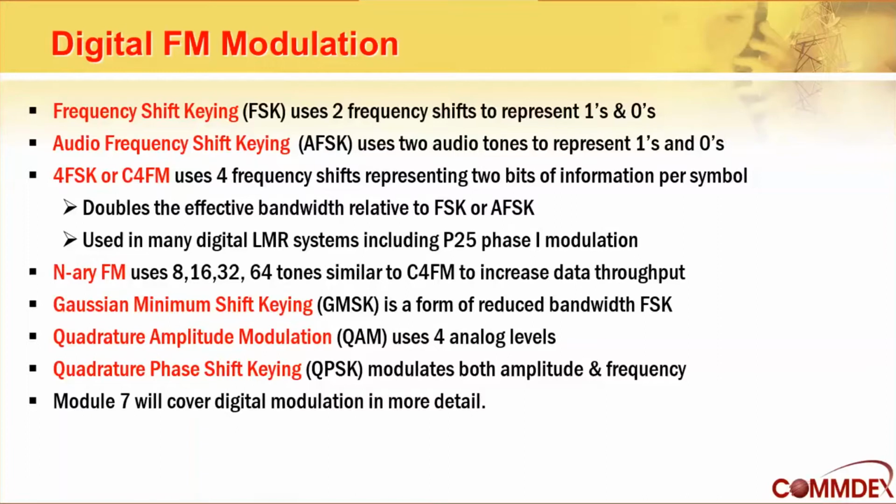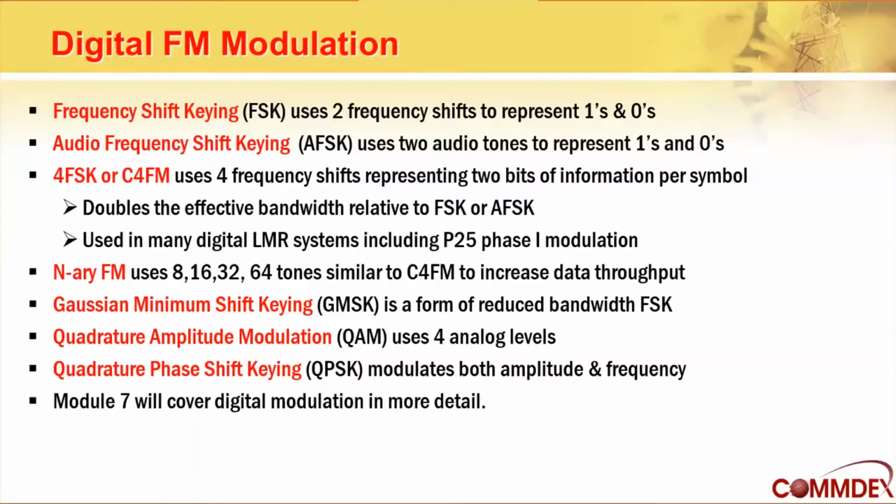So we'll see C4FM used in the 2 predominant types of modulation out there, that being P25 and DMR. However, that's P25 phase 1, which is still the most common being used.